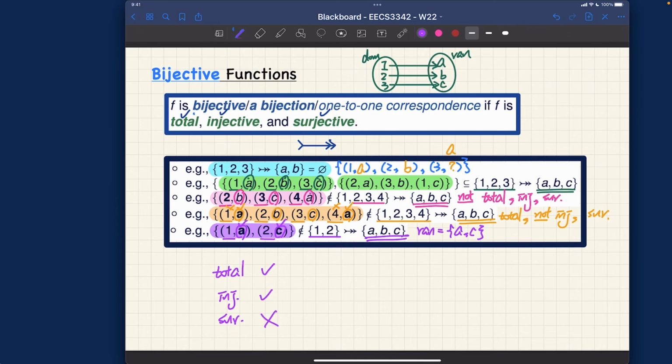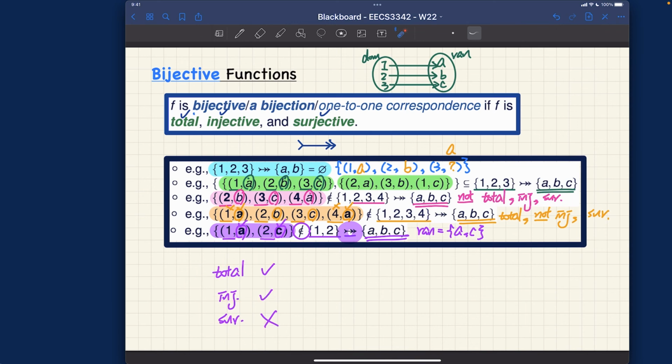So in conclusion, it is not a member of the bijection between these two sets, right? That's why it's really important again for you to see this symbol over here, the bijection. It is not because it is not surjective, even though it is total and injective.